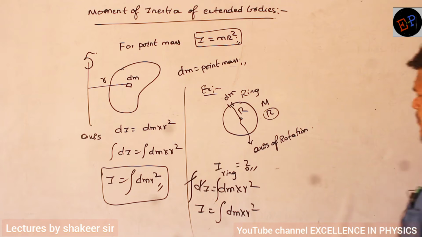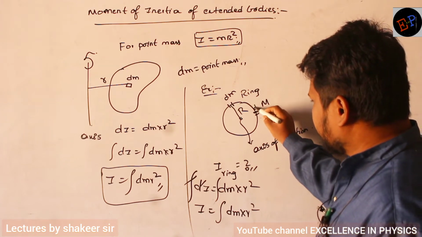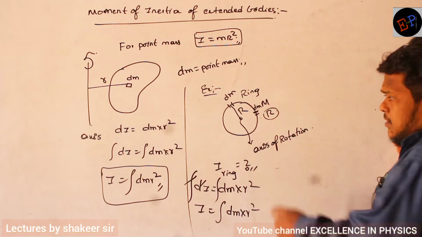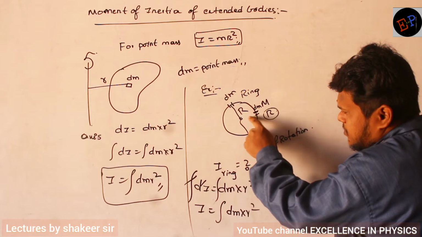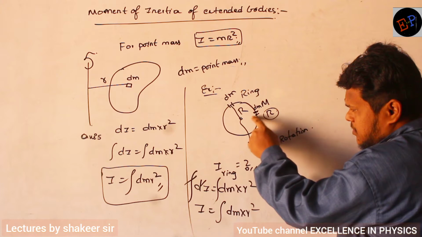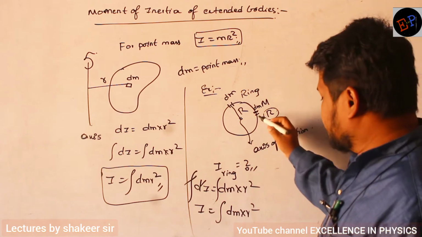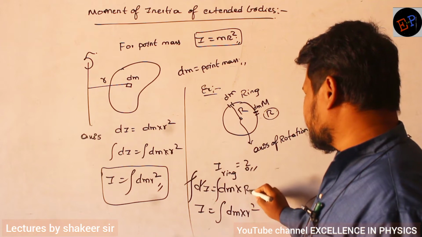Now see, suppose I take one more dm here. If I take one more dm, this dm is also present at the same distance from the axis of rotation. How much distance from the axis is this dm also? This is also capital R, dm into capital R square.